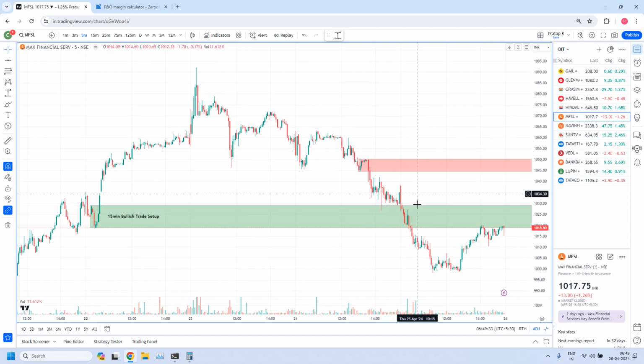The reason is RR is not there. At least a minimum 1:3 RR should be there. From this zone to here, we have only 1:2 RR. That way also you would have ignored this particular stock. Anyways, the strong reason, this is already tested. We can leave this stock.